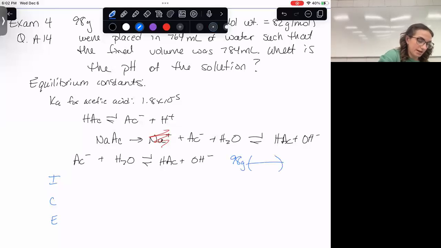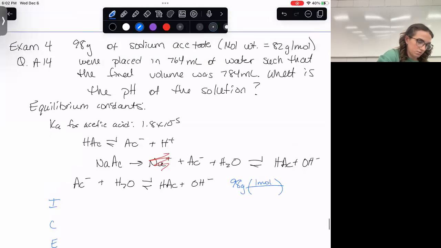Yep, we can do the 98 grams and we can say that 1 mole will be equal over 82 grams. This is 1 point. How do we get to concentration from here?